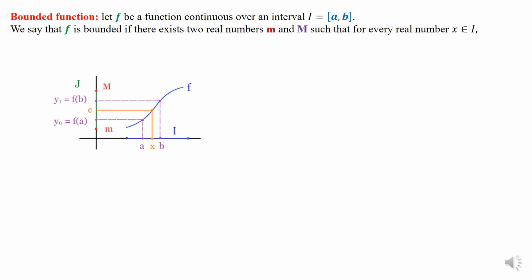By definition, if a function is continuous over an interval [a, b], we say that f is bounded if there exist two real numbers, small m and capital M, such that for every real number x in this interval, f of x is greater than or equal to m, the lower bound, and less than or equal to M, the upper bound.